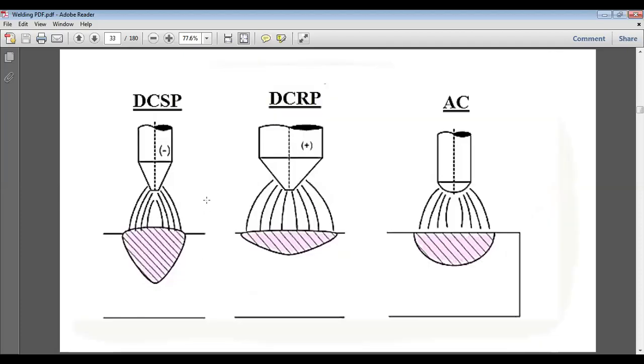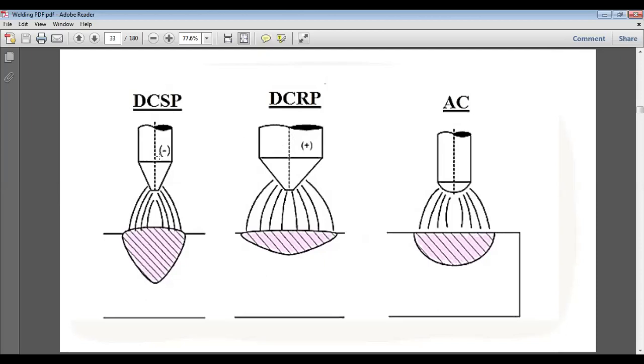So this is direct current straight polarity, DCSP, also called direct polarity, and we have DCRP, direct current reverse polarity. In this the electrode is connected with the positive terminal, called the anode. So this was the case for direct currents.